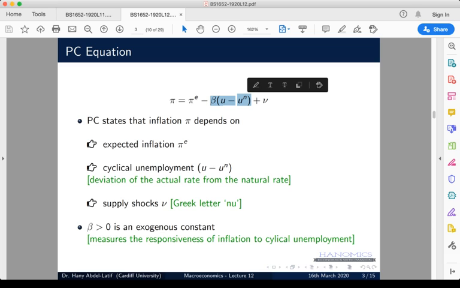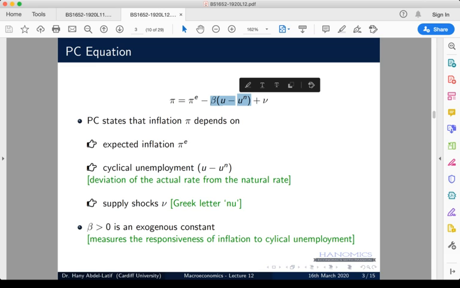If that was 0, so if the actual unemployment rate was exactly at the natural unemployment rate, that means cyclical unemployment equals 0, and the natural rate of unemployment equals the sum of frictional and structural unemployment.